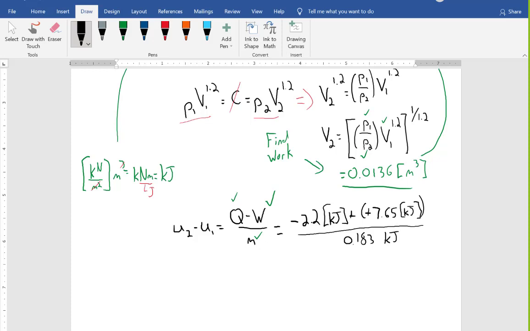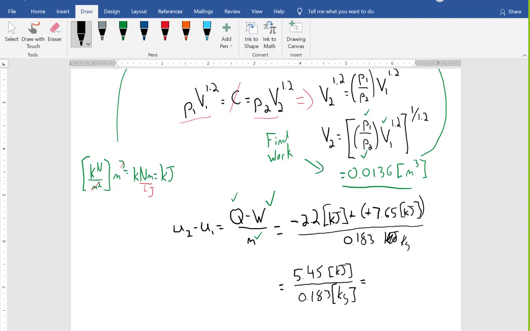So here we're going to get 5.45 kilojoules divided by 0.183. Oops, this should be kilograms. This makes sense because the units are the right units.